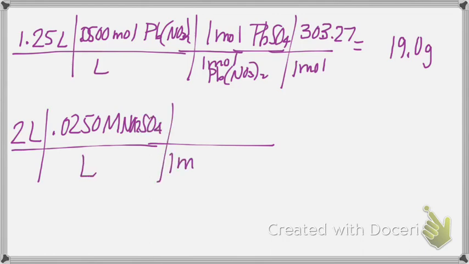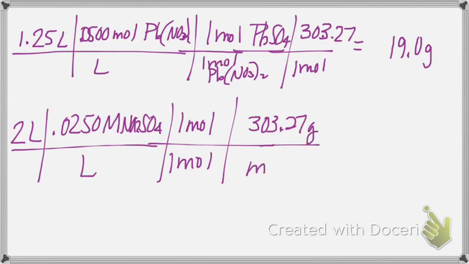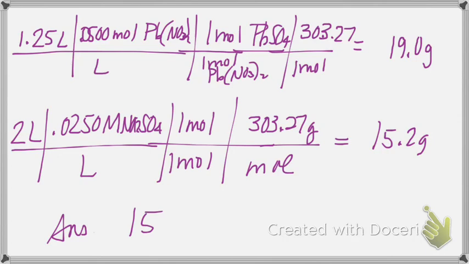It's also a 1-to-1 ratio. And that one gives me 15.2. So my answer would be 15.2 grams of lead 2 sulfate would be formed.